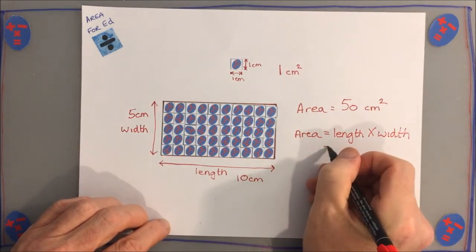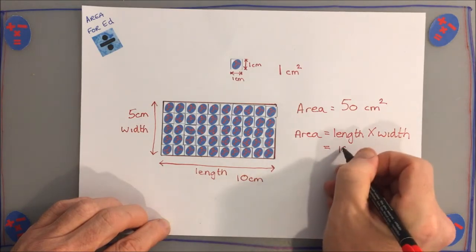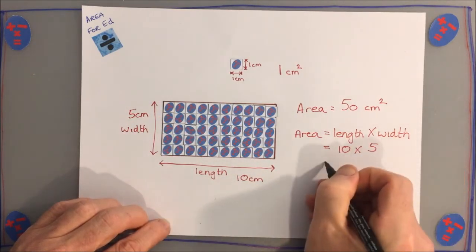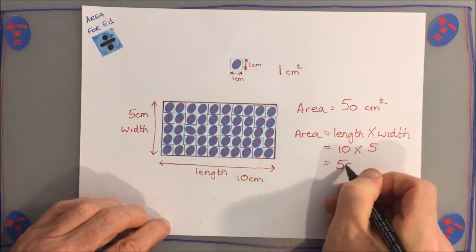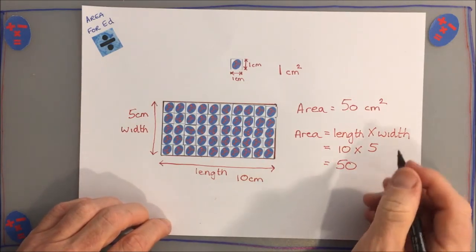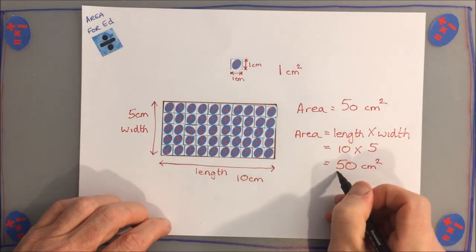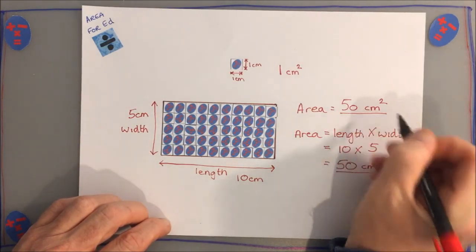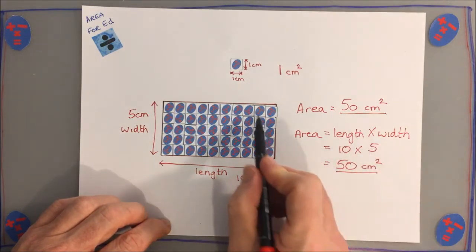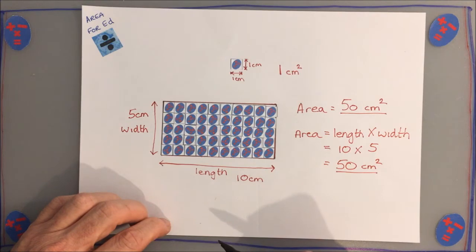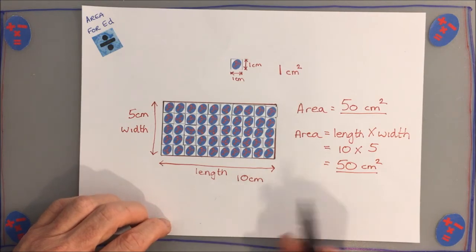So in our case, the area would be 10 times the width, which is 5, which would equal 50, and it's going to be square centimetres. So, same answer. One way using the formula and one way using the sort of definition of area. So hopefully that will help you understand the concept of area.